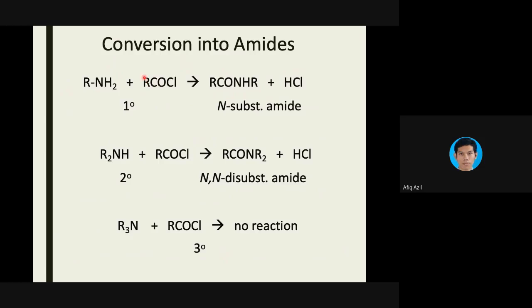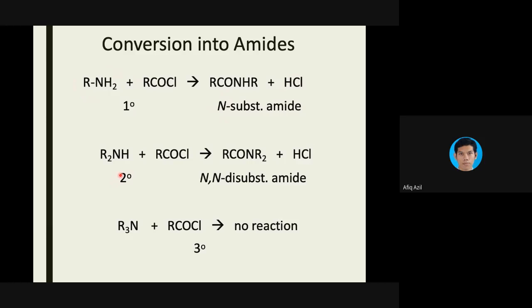And this reaction involves acid chloride. Okay, you go back to your carboxylic acid notes. This will be acid chloride reacting with a primary amine. And the product obtained will be N-substituted amide with HCl.